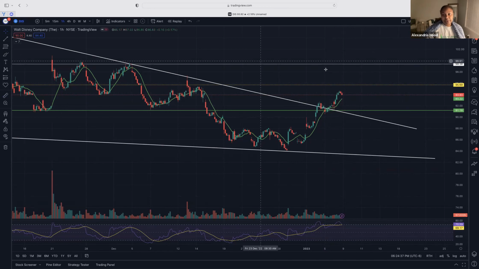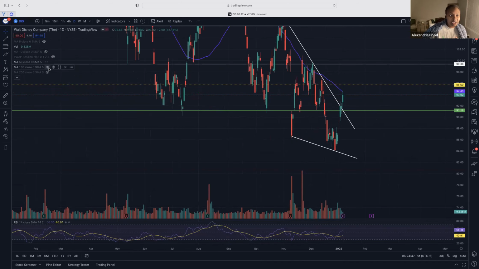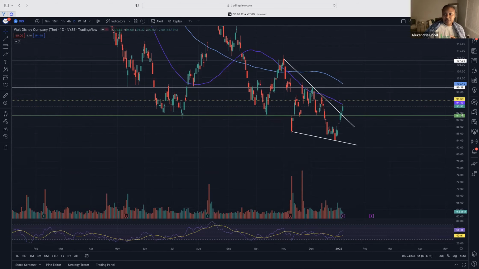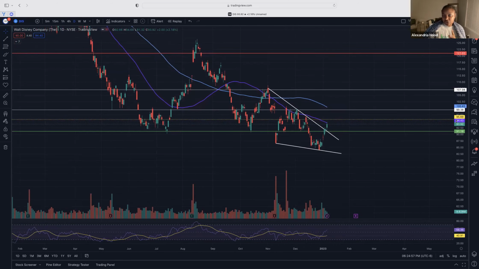So watching that one. Now, let me go back to the daily actually, and we're going to pull up the 50 and the 100. So the 50 is purple and the 100 is this light blue. Now, you know how we talked about the crosses from the lower moving average to the higher moving average, looking at those crosses.